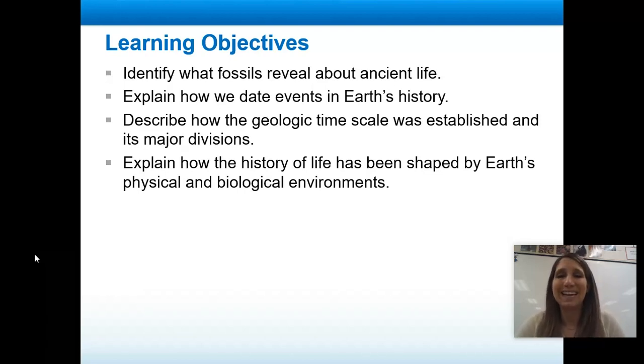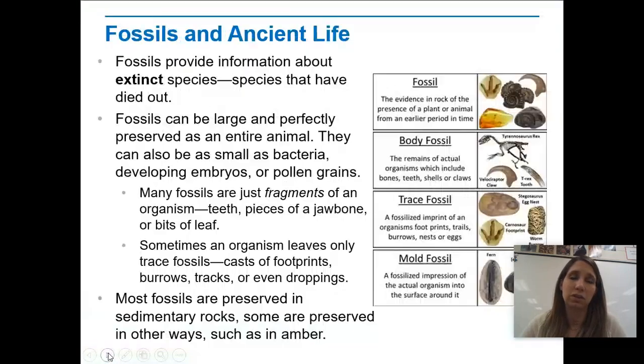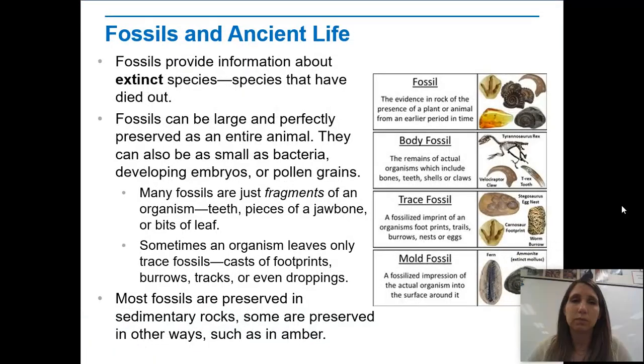We're going to look at how we date Earth's history, so meaning how we identify and assign time periods to certain fossils or rock types. We're going to look at the geologic time scale and its divisions. And then we're going to also talk about how the physical and biological processes that have been occurring on the earth have shaped our environments. Okay. And that includes what humans do right now to our environment as well.